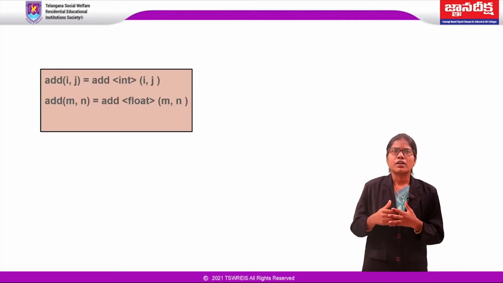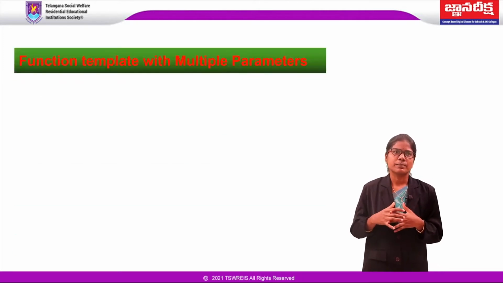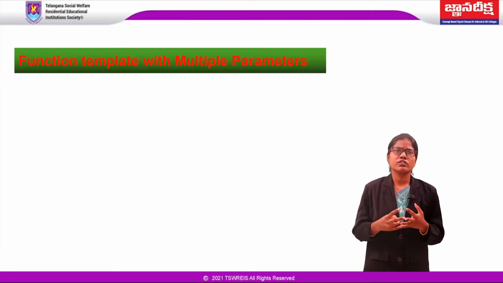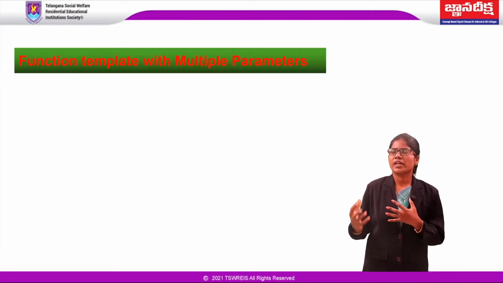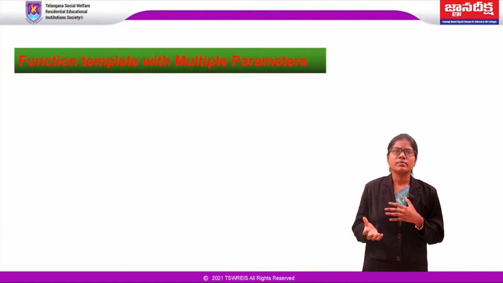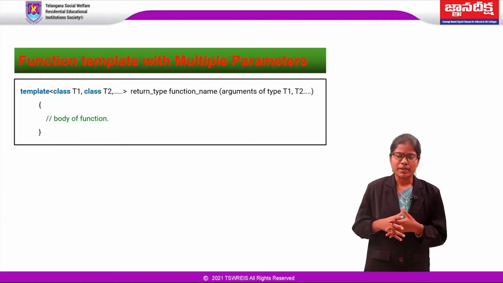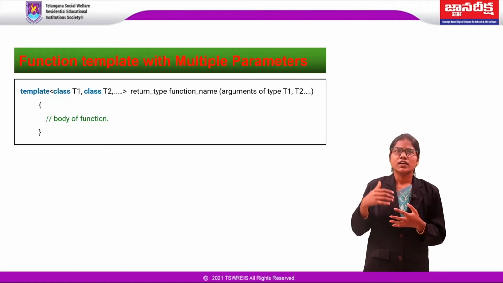Now we'll see function templates with multiple parameters. In the previous example, we passed two arguments which are of the same data type. We can also pass multiple arguments of different types to a single function. We can use more than one generic type in the template function by passing a comma-separated list.